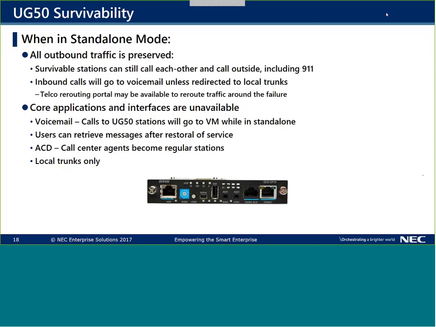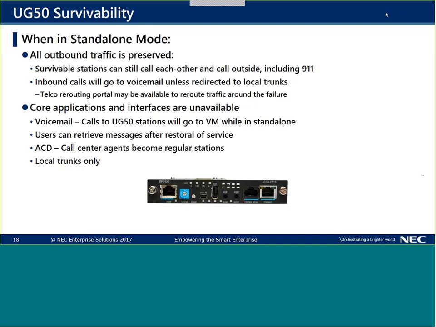In terms of inbound calls to the site, obviously if we've lost our WAN connection, there's really no way to get a call from the 9500 core down to that remote site. But if you're using a telco provider who provides a routing portal, which is the ability for you to actually change routing in the network, you can actually redirect calls to go a different route.